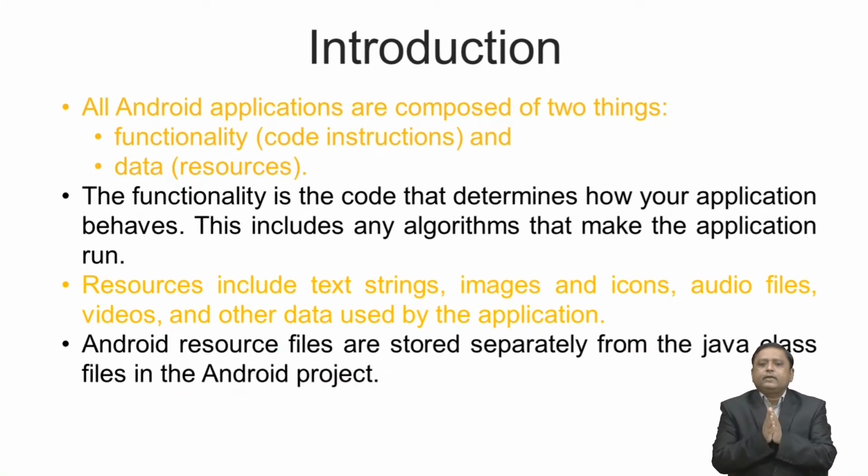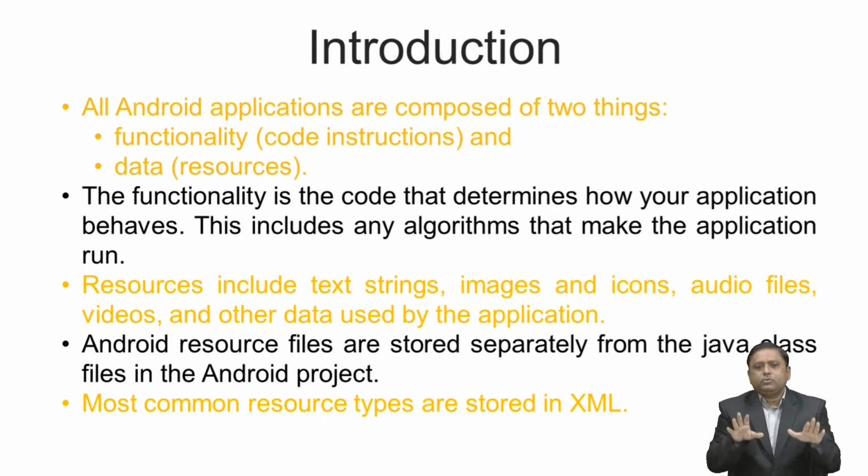Android resource files are stored separately from the Java class file in Android project. So, we are not mixing data and coding together. We keep these resources or data separate from Java file, and whenever we require we can use it. Most common resource types are stored in XML. We have already learned one application resource, that is our layout file. We have already designed some layout for our app demonstration.